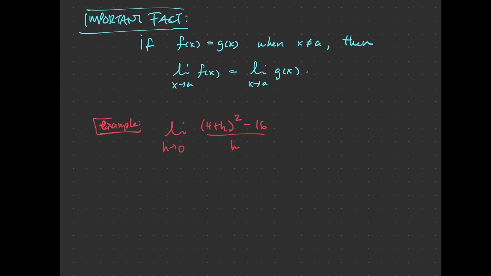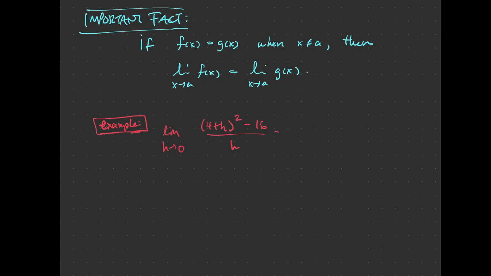So one way that we use this in practice is that we can often use algebra to get around something that might be a problem. So we take a look at this limit here. The limit as h goes to 0, from just looking at this from the outside, you'd see that this is going to 0 in the denominator and this is going to blow up. Okay, that's a problem.